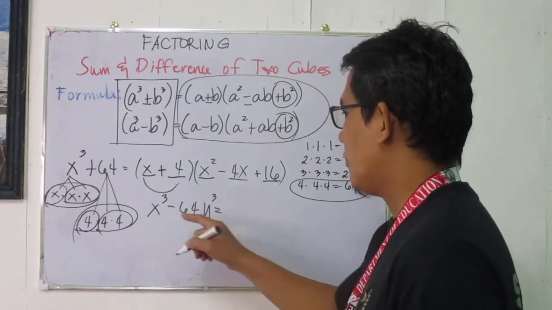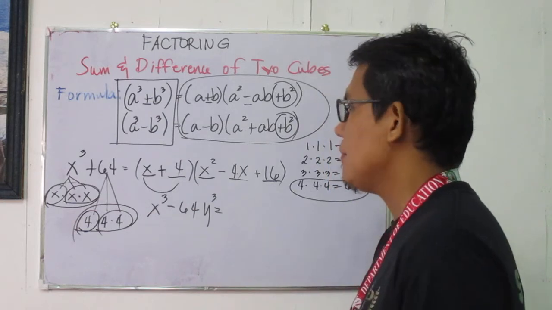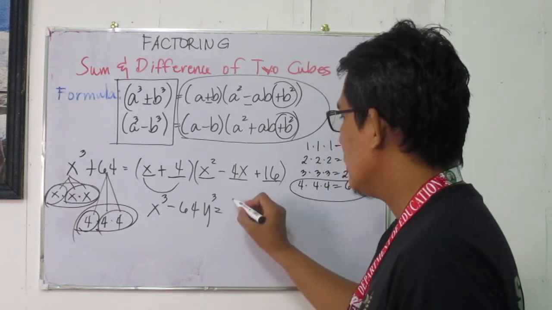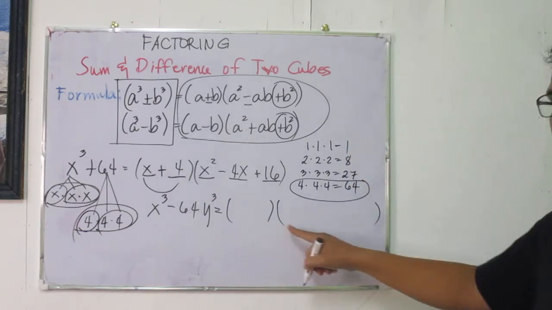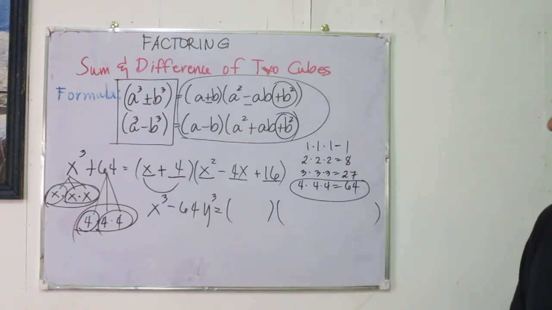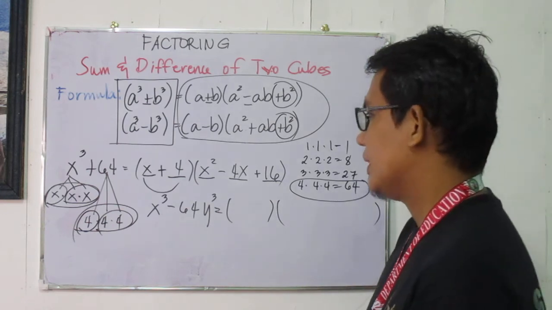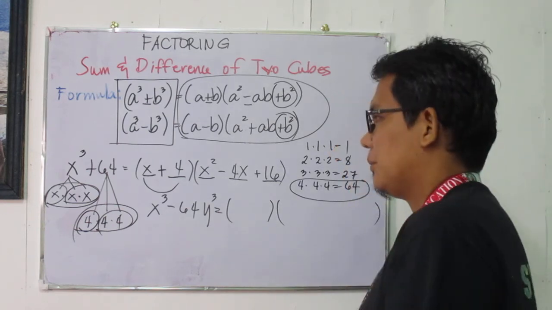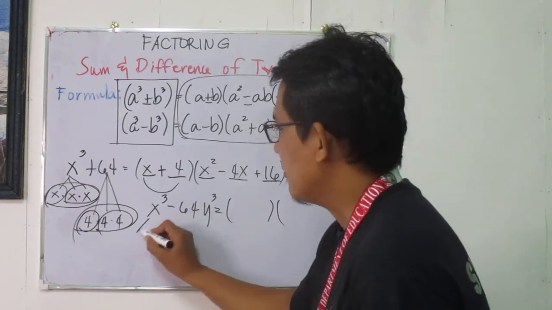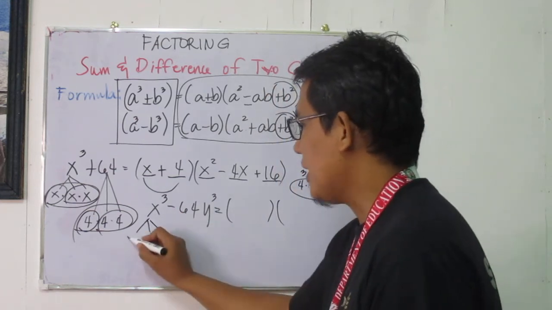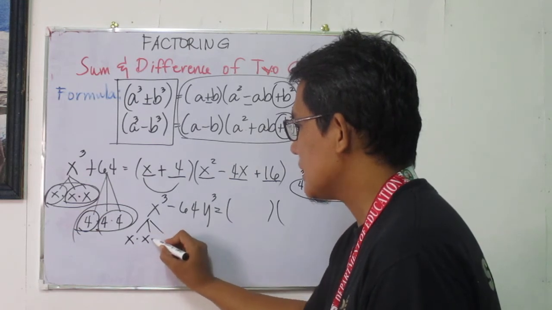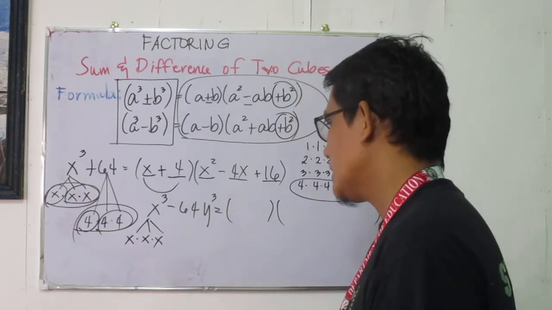Okay, so again, if we're going to factor the sum and difference of two cubes, it will have a binomial factor and a trinomial factor. So again, what we're going to do is find the factor of our x cubed. That is x times x times x.